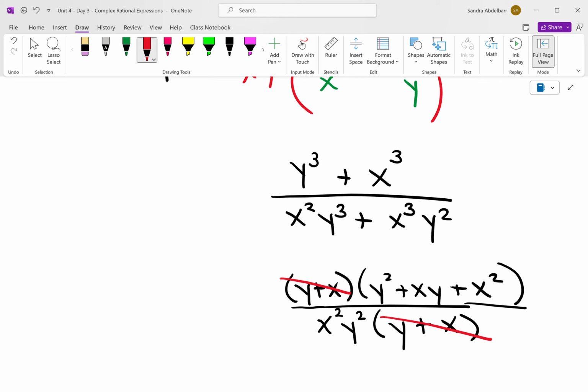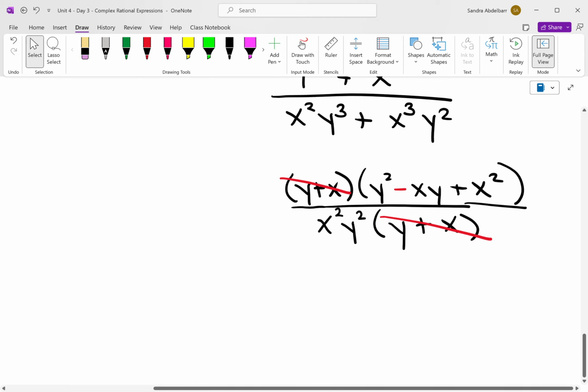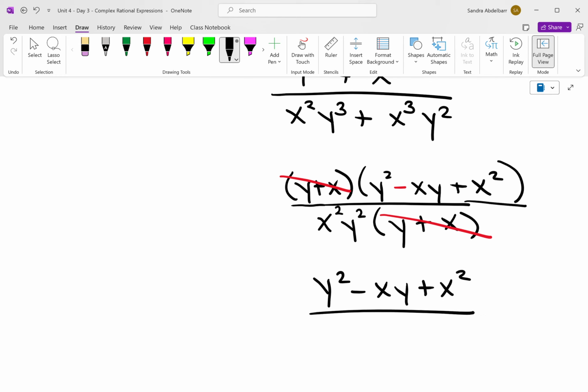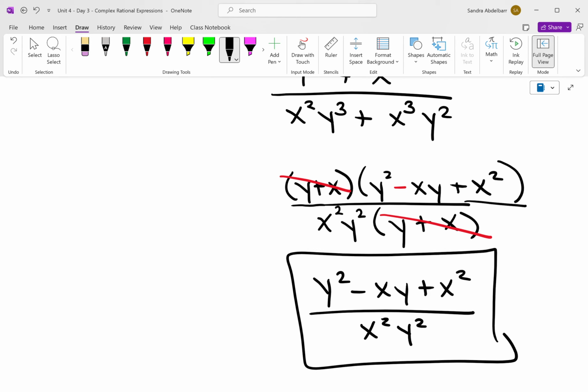And what happens? The y plus x's cancel. Oh, sorry, there should have been a minus here. Nobody caught that? I did what you guys do. And then this is as far as we can go. So we have y squared minus xy plus x squared all over x squared, y squared.